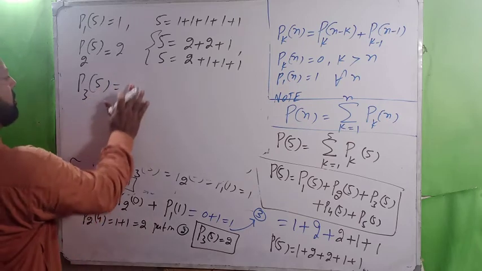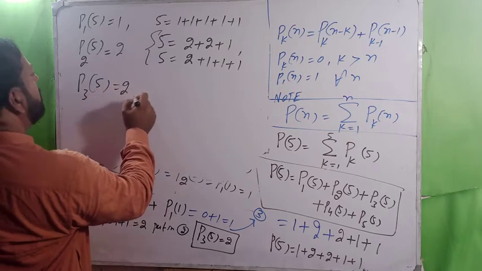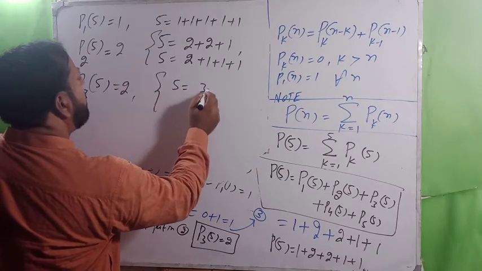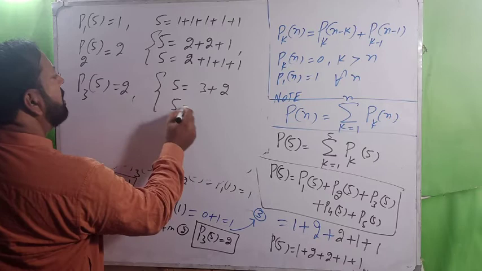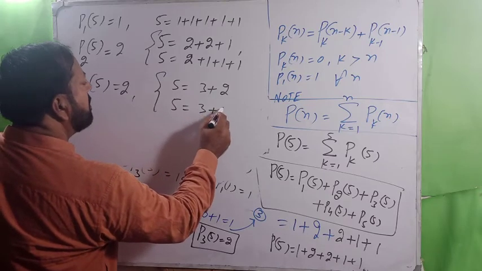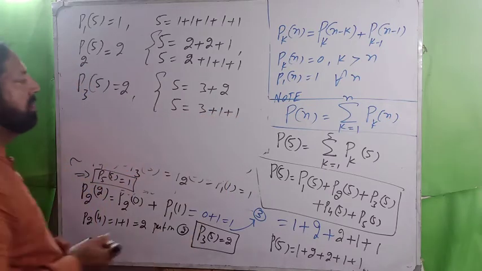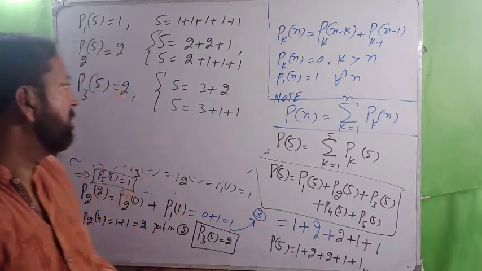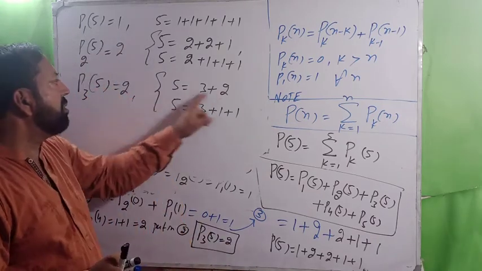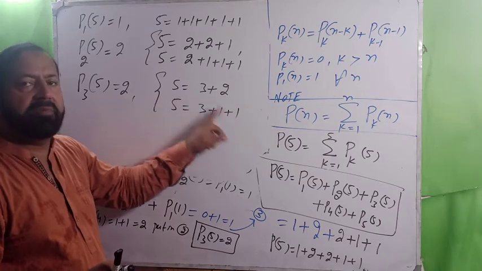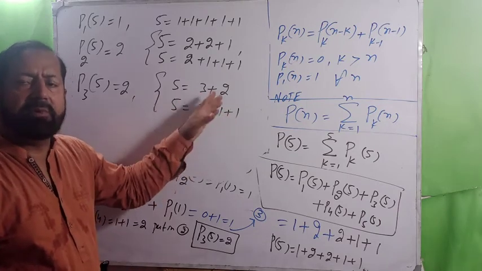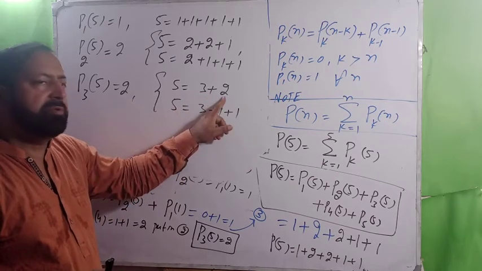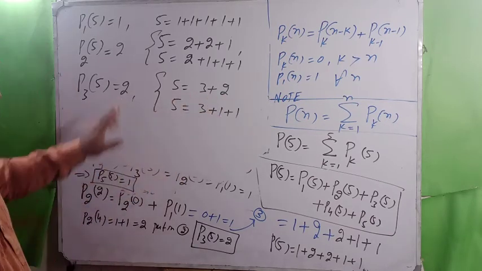So one is 5 equals 3 plus 2, and the other is 5 equals 3 plus 1 plus 1. 3 and lowers, 3 must be a member. There is no other way with the help of 3. Either 3 can be added to 1 plus 1 to get 5, or 3 can be added to 2 to get 5. So these are the only 2 ways.